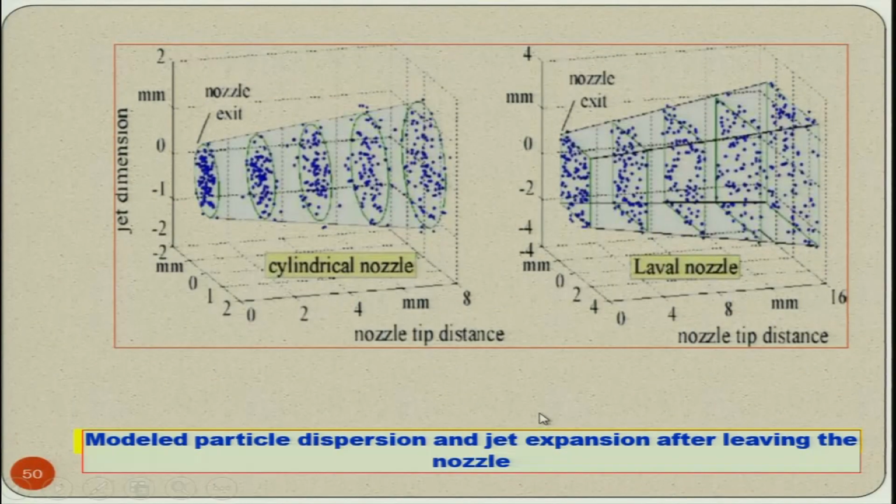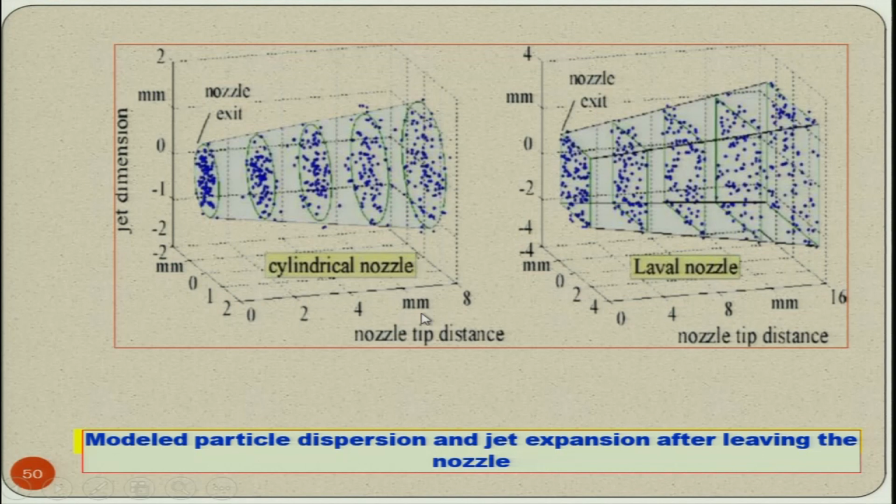Modeled particle dispersion and jet expansion after leaving the nozzle. Again, these are modeled results, not actual photographs; this has been done theoretically. Here you can clearly see the circular, cylindrical, pipe-like nozzle, and as we saw in the earlier slide, there is a concentration in the center and thinness of distribution of the abrasive particles on the two ends, and this increases as the nozzle tip distance increases: 0, 2, 4, 6.